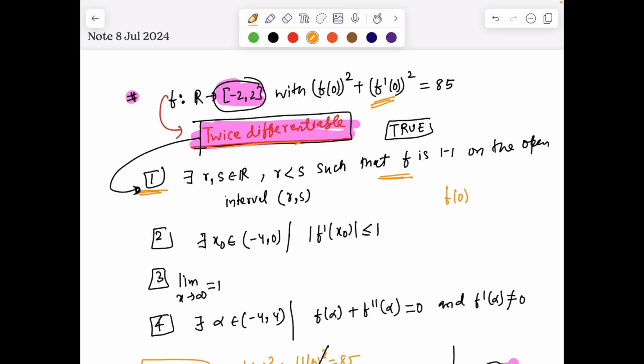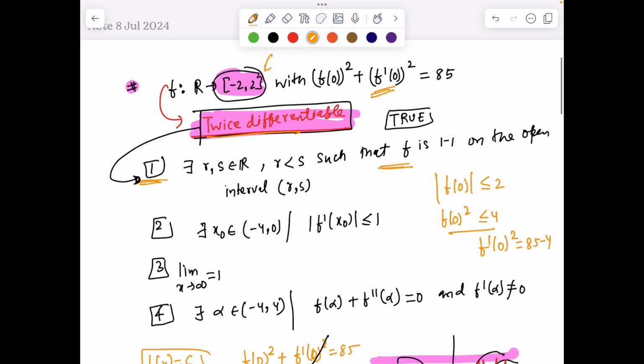Because f 0 will be less than or equal to 2 according to the codomain restriction. So f 0 square will be less than or equal to 4. So the maximum value of f 0 square will be 4. It means f dash whole square will be 85 minus 4, so it will definitely be less than or equal to 81.